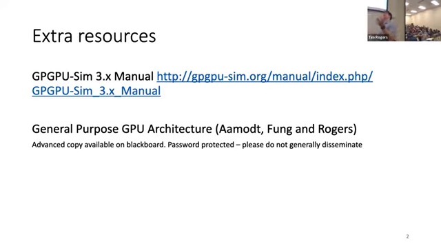So Gem 5 was this. It's a simulator that was a combination of the M5 simulator from Michigan and GEMS from University of Wisconsin. And they sort of bolted these two things together to create this out-of-order multi-core simulator that is now this giant piece that is Gem 5. And the graduate student who sort of took over that project, his name was Jason Power, and I actually interned with him back when he was a grad student.